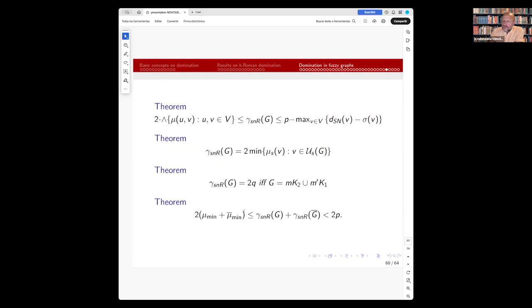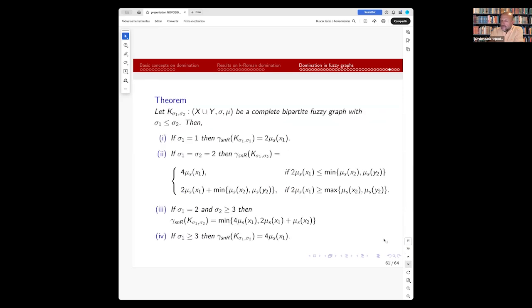Also, we have proved several results trying to bound this new parameter, the strong neighbor Roman dominating number, in general. And lastly, we have tried to find the exact value for several particular families of graphs.